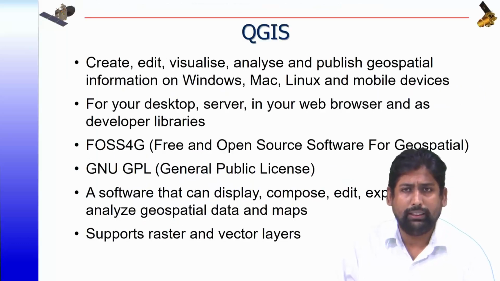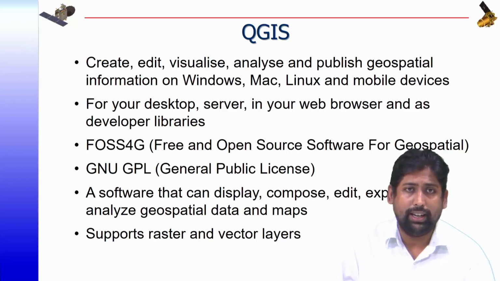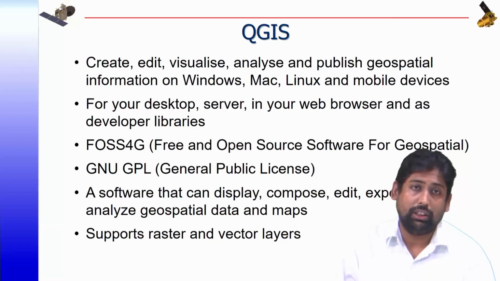Just to give you a heads up in case you have not used or do not know much about the software, QGIS is a free and open source GIS software. It is freely available from its website qgis.org and it can be used to create, edit, visualize, analyze and publish geospatial information on any kind of operating system.